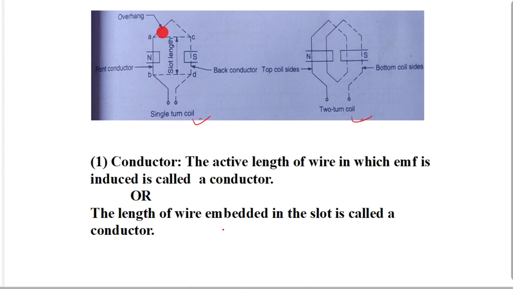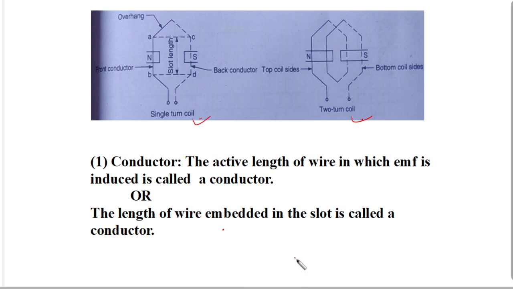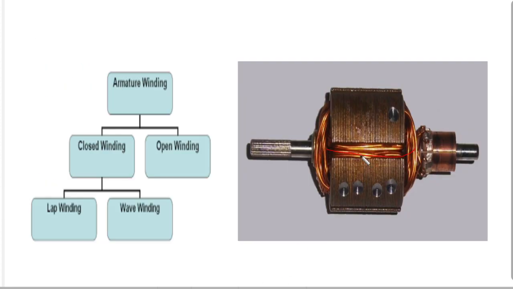Here you can see that active length of wire; we can say that is the conductor. Another definition is that the length of wire embedded in a slot is called a conductor. Here you can see that in this slot we placed a conductor.